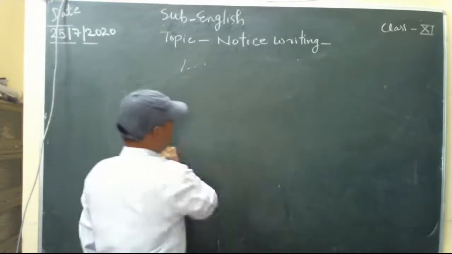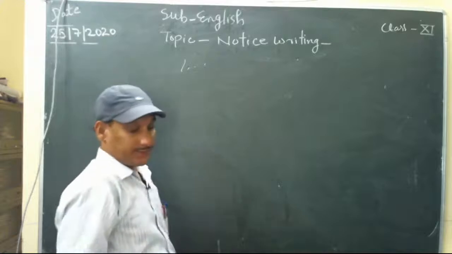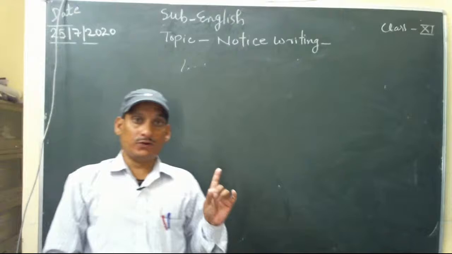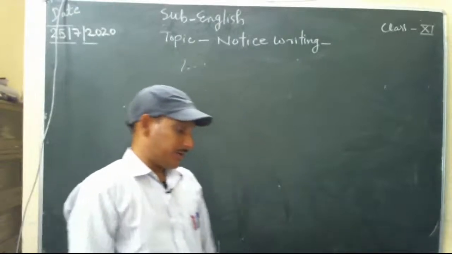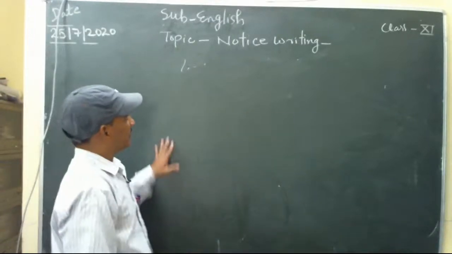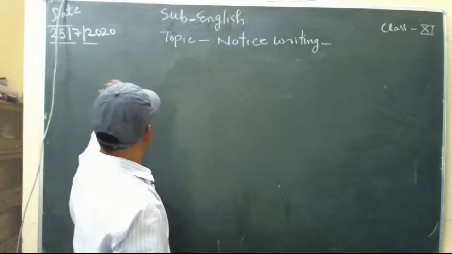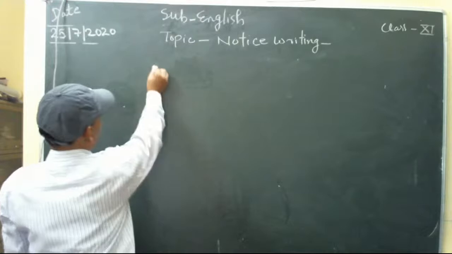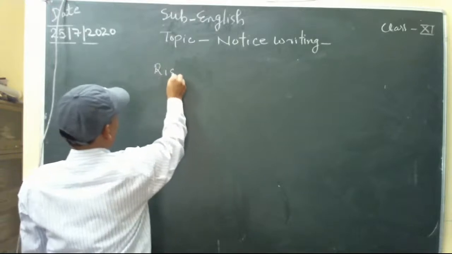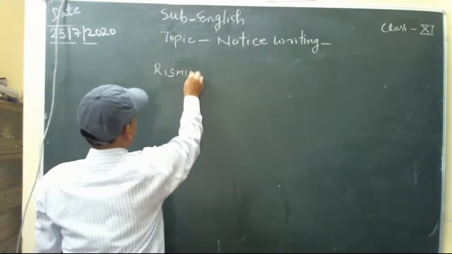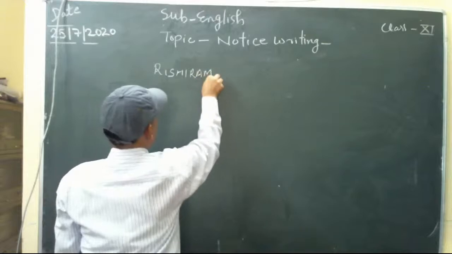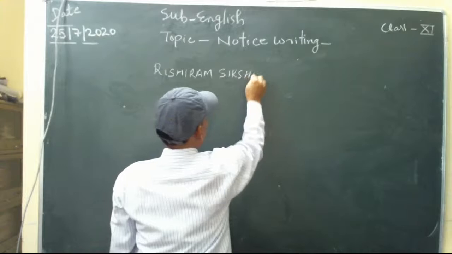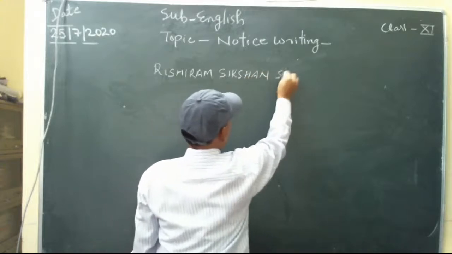Now we have to remember all the steps. We will have to follow the format of notice writing. So first of all, what will you write? Since the name of the school is not given, at least we can write our own school name. So, Rishiram Shikshan Sansthan.